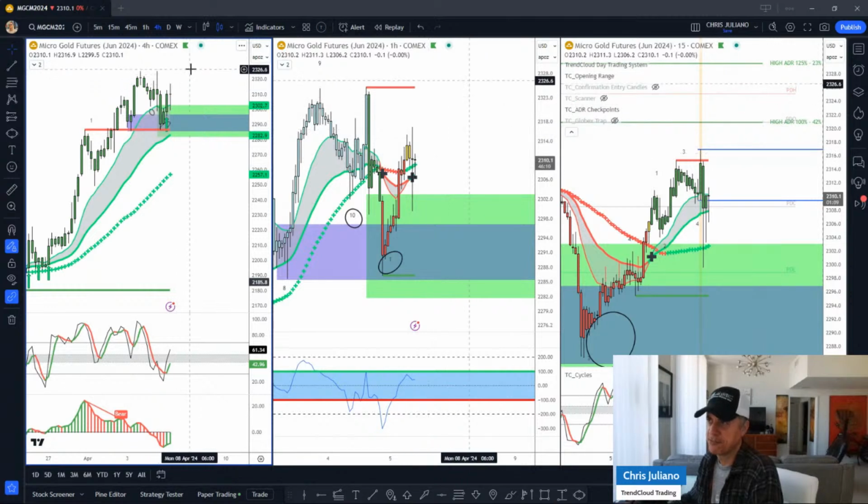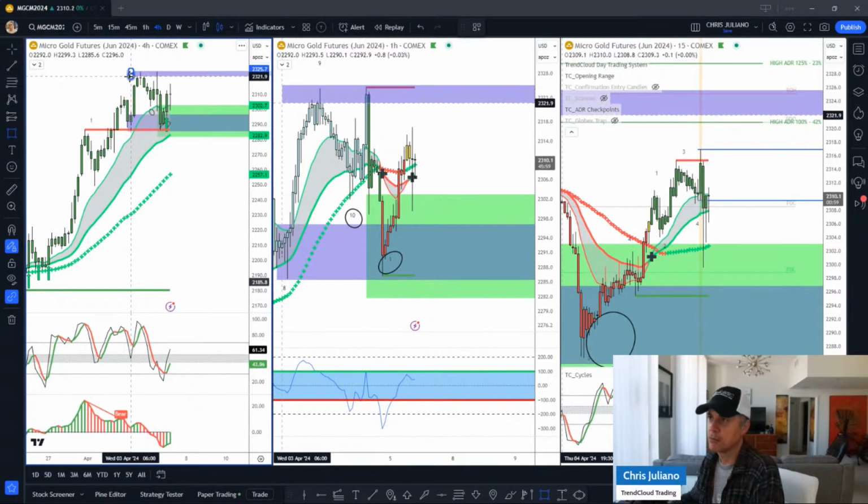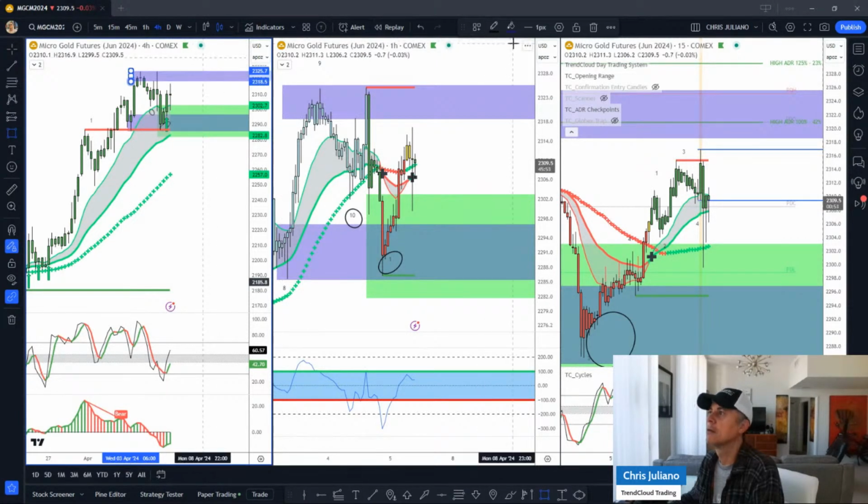What is the next level of resistance or imbalance on the high time frame? Well, it's the market edge, right? How about we do like that? Make it red.